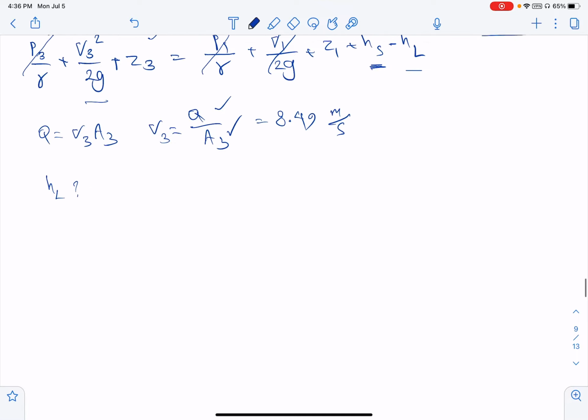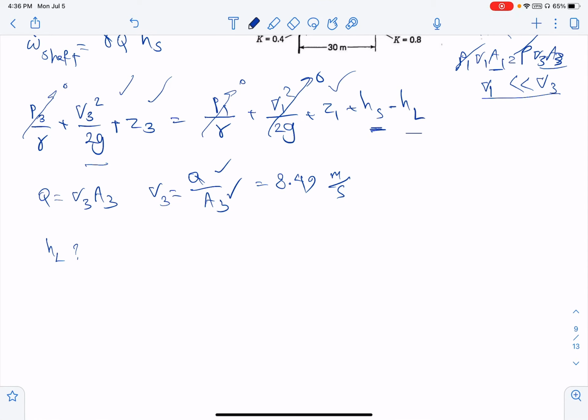For solving for HL, we need to know whether we have turbulent flow or laminar flow. For knowing that, we need to use the Reynolds number. If I use the Reynolds number, I'm going to get 1.68 times 10 to the 6th, which is bigger than the critical Reynolds number, so we have a turbulent flow. Then we can also see if it's fully developed or not.